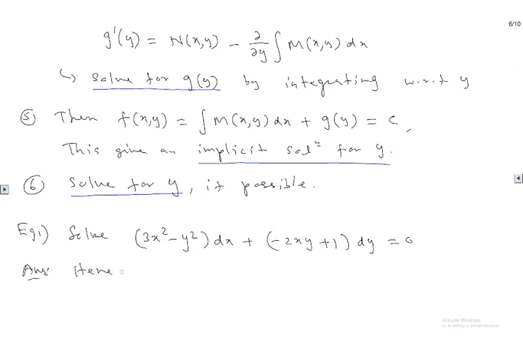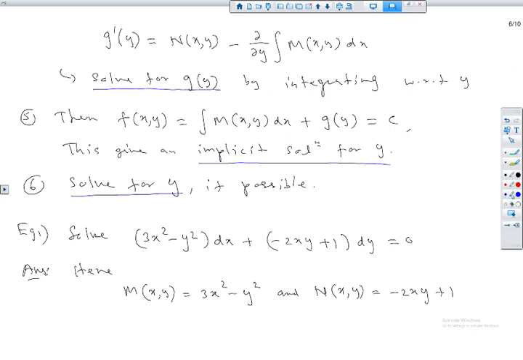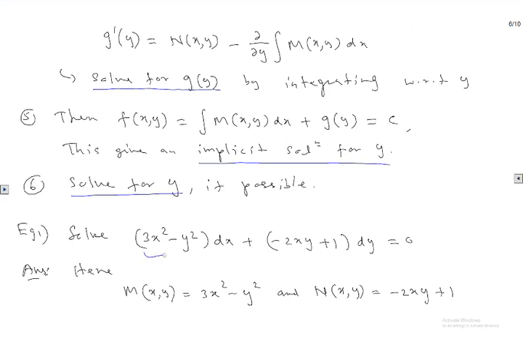Here, the M function is equal to 3x squared minus y squared, and the N function is negative 2xy plus 1. That is the N function, and it has a plus sign, so everything looks good.